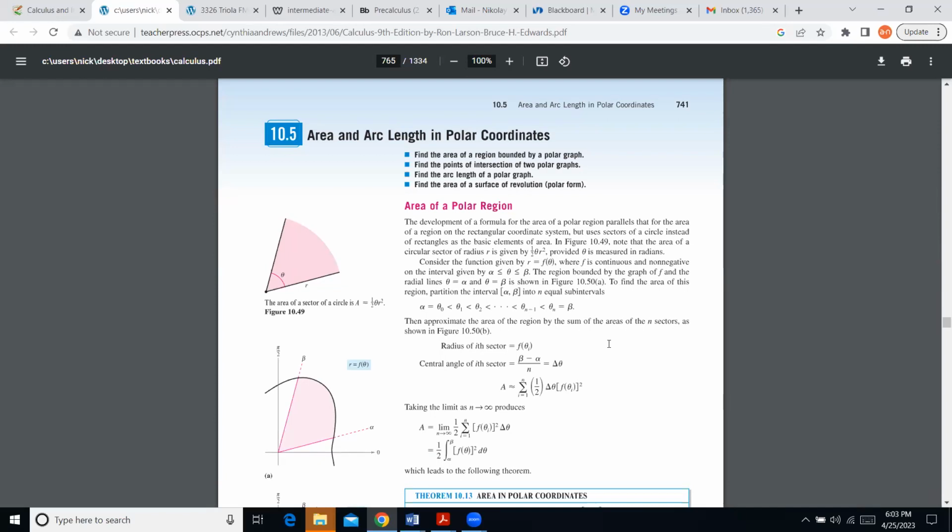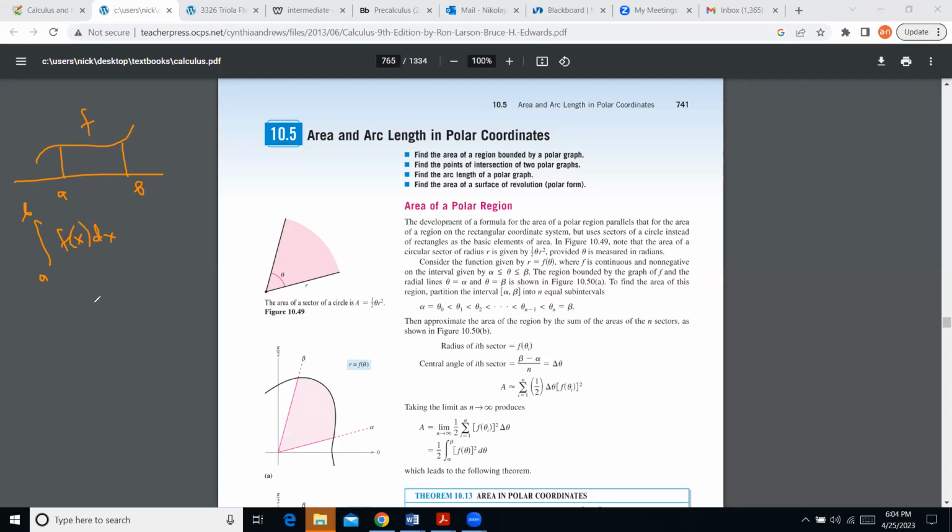The key part is to realize that if you are finding the area under the curve in rectangular coordinates, you're going to integrate some function f from a to b, f of x dx.